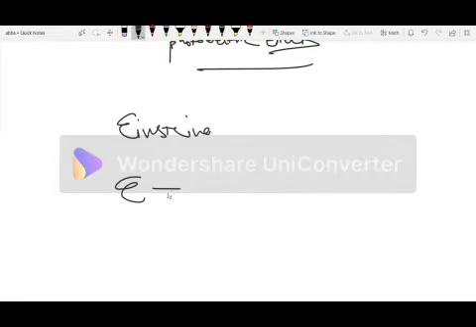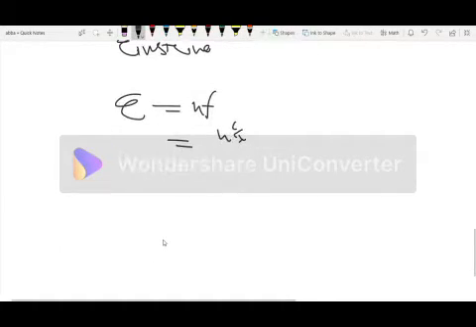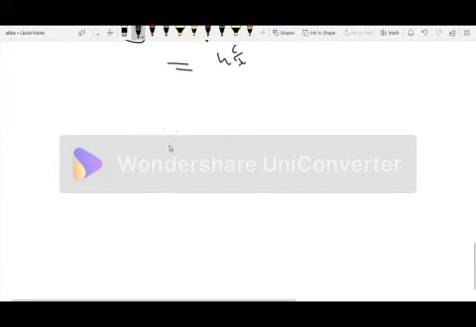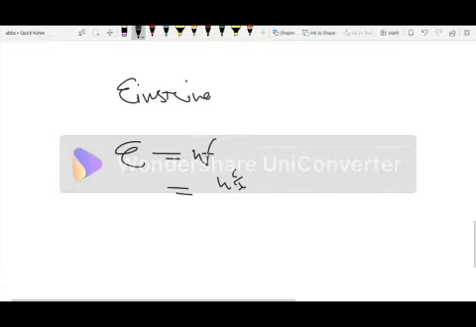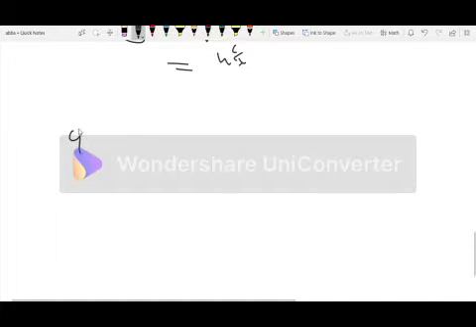He said energy equals hf, and energy equals hc over wavelength. That is the quantization of energy. He used that to explain that light consists of energy packets. We know that light has quanta, right? What is a quantum? A quantum is the energy packet of light.